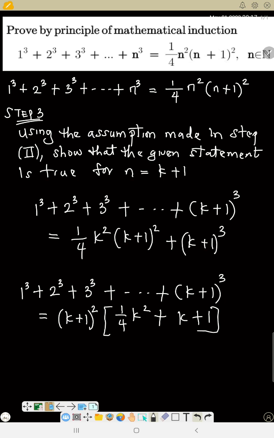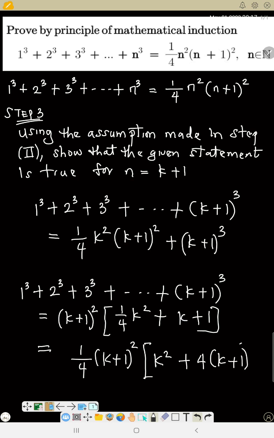Now here, if you remove this 1 over 4 out also, that will be 1 over 4 k plus 1 square, then open bracket. If you remove this 1 over 4 out, then this will remain k square plus 4 brackets k plus 1.